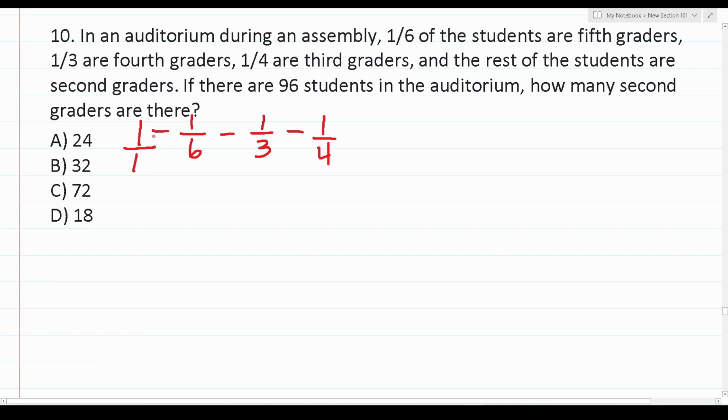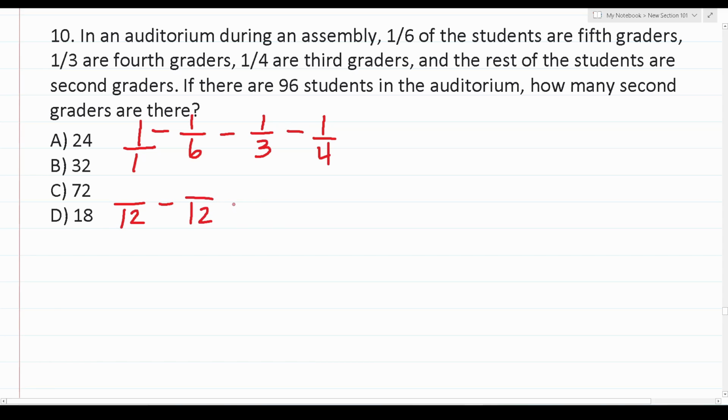So this is 1 over 1 minus 1 over 6 minus 1 over 3 minus 1 over 4. And our next step is to rewrite all these fractions such that they have the same or a common denominator. Well, what's a number that 1, 6, 3, and 4 all go into? 12. So we're going to rewrite all these fractions such that they have denominators of 12.